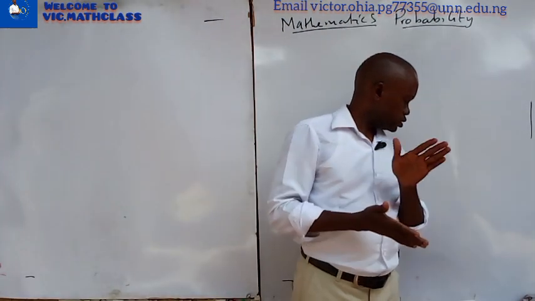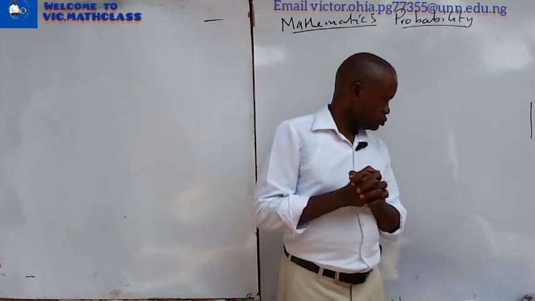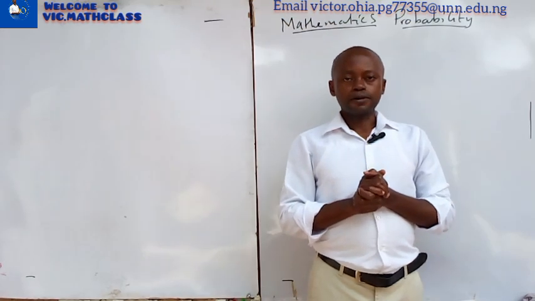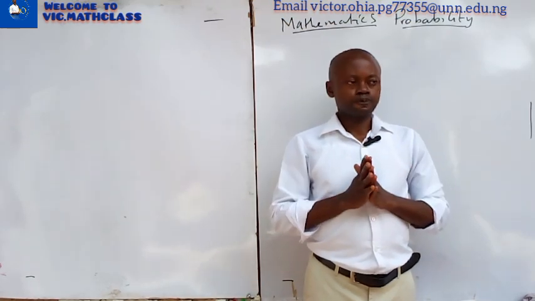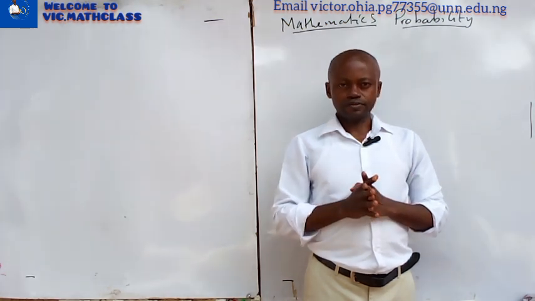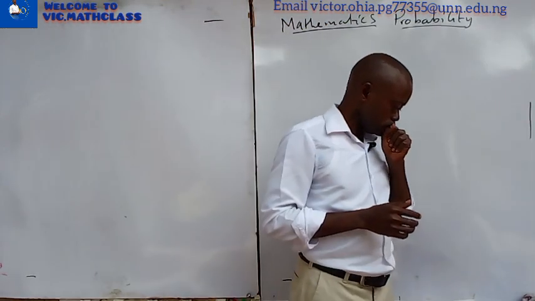Okay, so this is my practical way of demonstrating probability. Right now, what I want to do is to delve into a little calculation around mutually exclusive events. Okay, stay there. You watch what we are going to do.